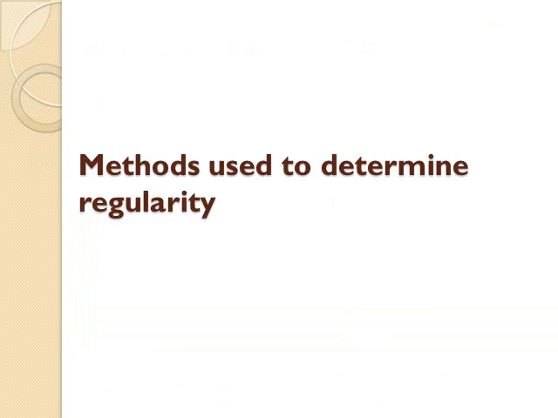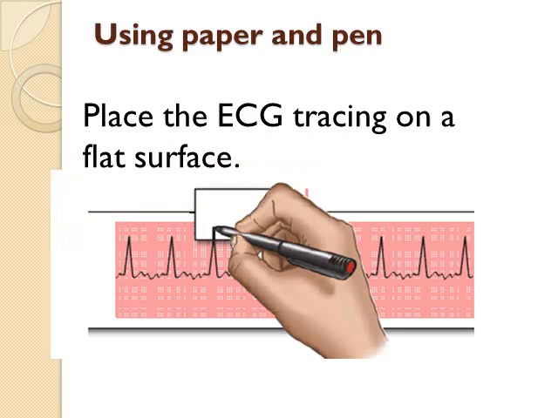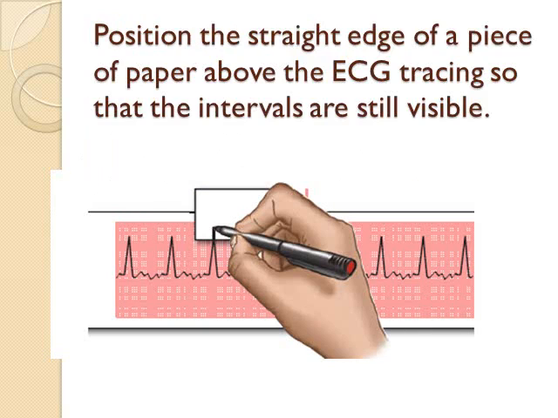So what are the methods used to determine regularity? Using paper and pen, place the ECG tracing on a flat surface. Position the straight edge of a piece of paper above the ECG tracing so that the intervals are still visible.